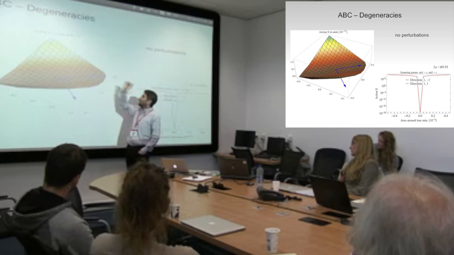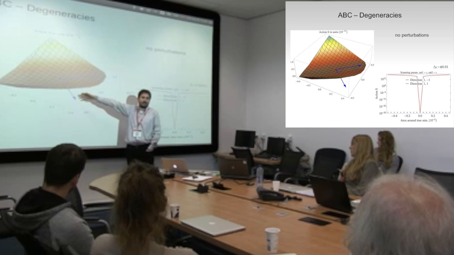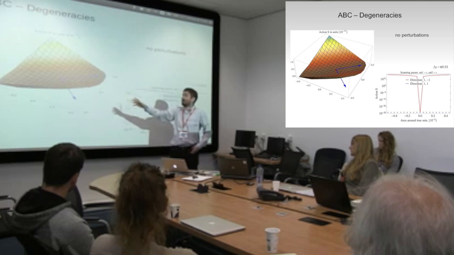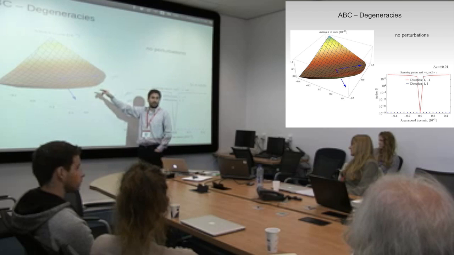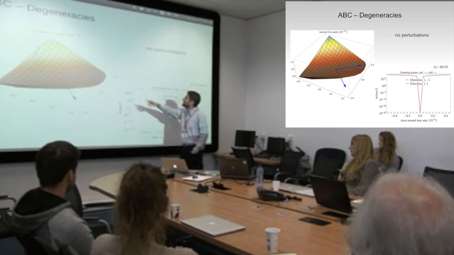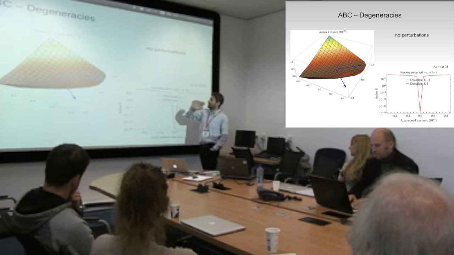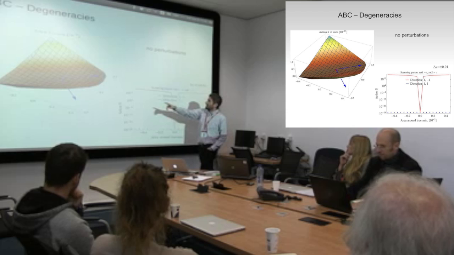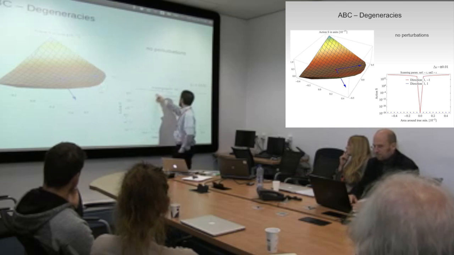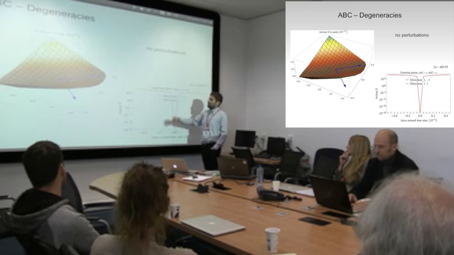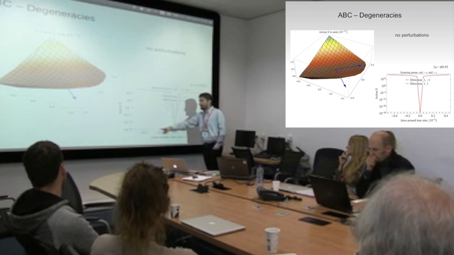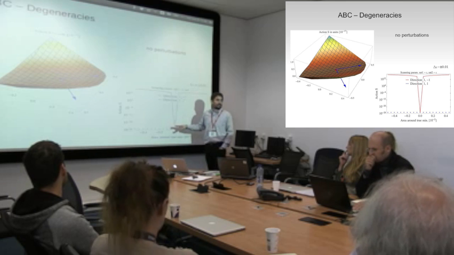If you calculate the Hessian matrix eigenvectors, you get the directions, and this is the plot along the two directions. The blue one is along the valley, and the red one is perpendicular. If you move like this, you find the minimum of the action. But if you move along the valley, it's flat. So we have degeneracy here.